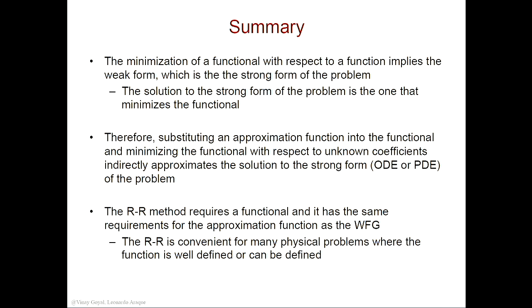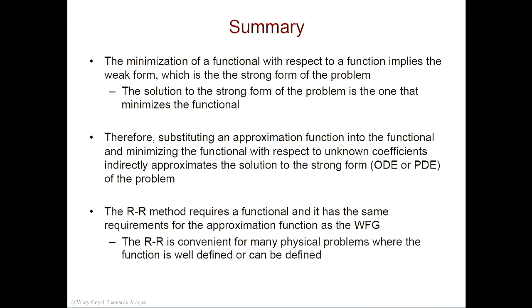The Rayleigh-Ritz method requires a functional. That's one disadvantage of Rayleigh-Ritz: you have to have a functional in hand. You also have to show that the functional corresponds to the partial differential equation you're interested in. In the two examples I gave you, we were able to prove that. In the homework problem I gave you, you're going to prove that for me, showing that this corresponds to the governing equation of the problem.